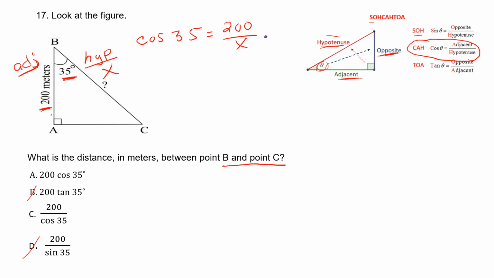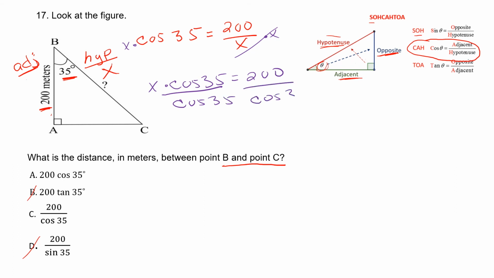I have to multiply both sides by x first because the x is being divided. So that is x times cosine of 35 is equal to, this cancels, is equal to 200. Now to solve for x, I need to divide both sides by cosine of 35. Cancels out. I'm left with x is equal to 200 divided by cosine of 35.